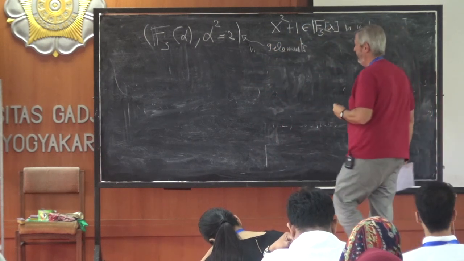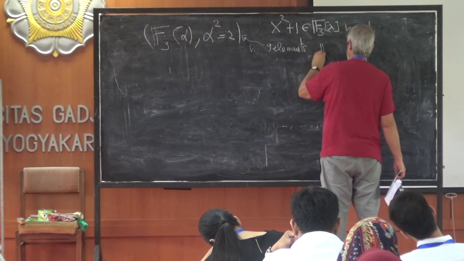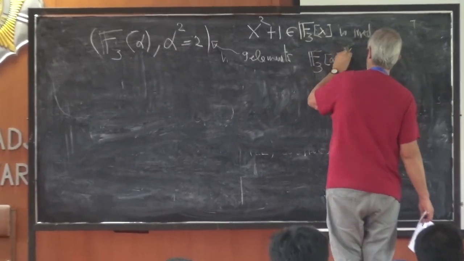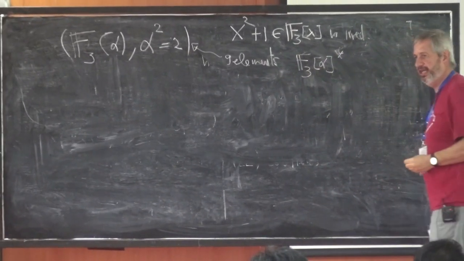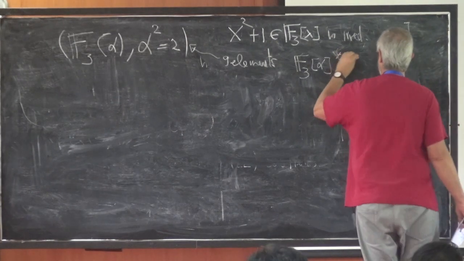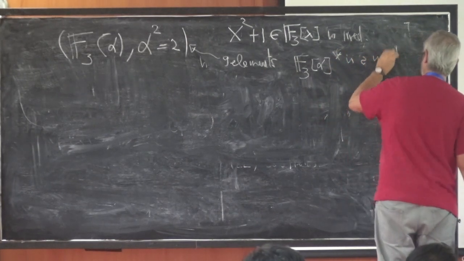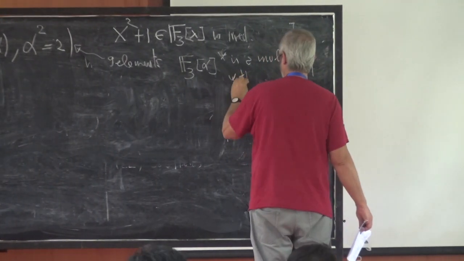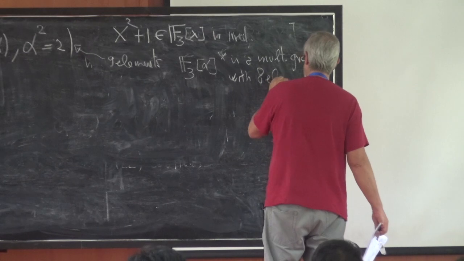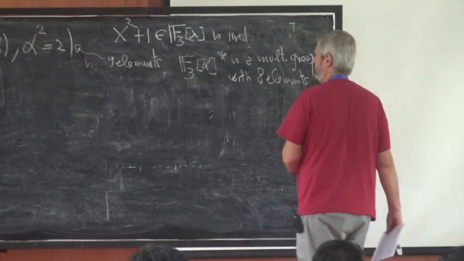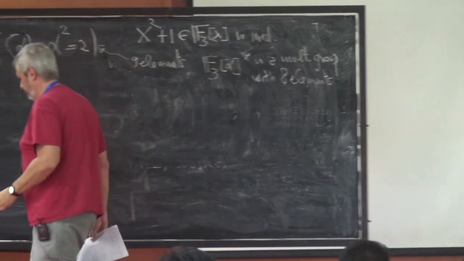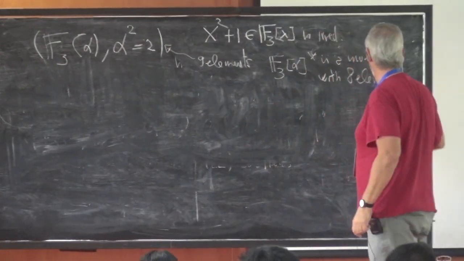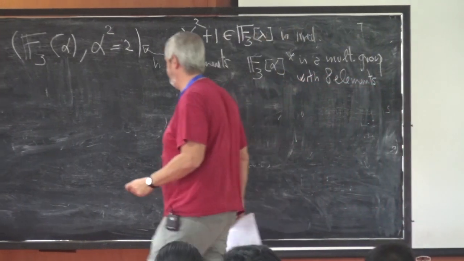Okay? And so the multiplicative group here, so I'm looking at the non-zero elements, is a multiplicative group with 8 elements. Okay, so we'll say something more about these multiplicative groups of finite fields.